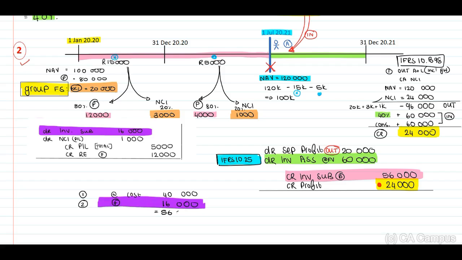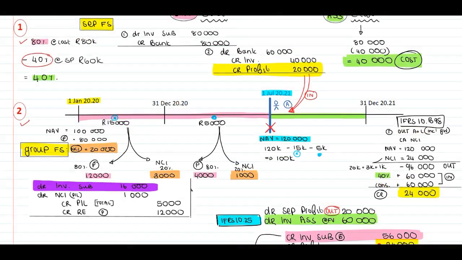Right? This is just before the disposal date. You agree with me that this is 56,000. Right. Now, we dispose and we credit the investment with the 56,000. Therefore, we are able to identify on disposal date there is no subsidiary left and only the investment in associate at fair value. Okay guys, quite a mouthful, I know.